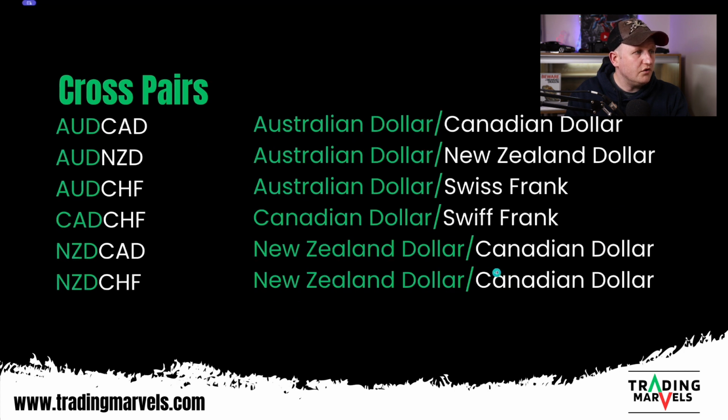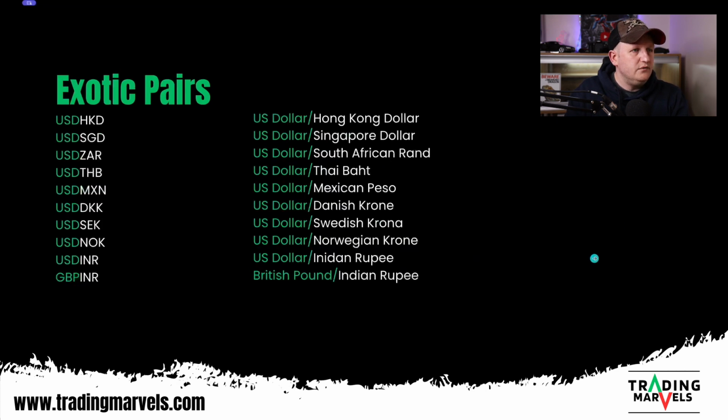Moving on, we've got some cross pairs, again without the US dollar. They're not lesser known, but there's less movement in the currency pairs being traded. So these here are the cross pairs. Then we move on to the exotic pairs, and almost all of these include the US dollar, but they also include, as you can see there, the Hong Kong dollar, Singapore dollar, etc. These are some of the smaller currencies being traded on the market, known as exotic pairs.